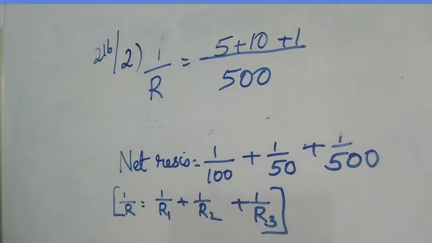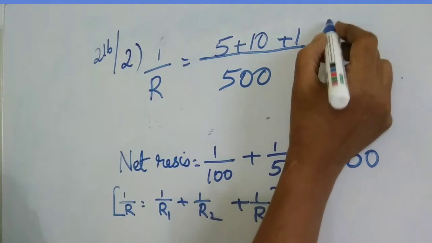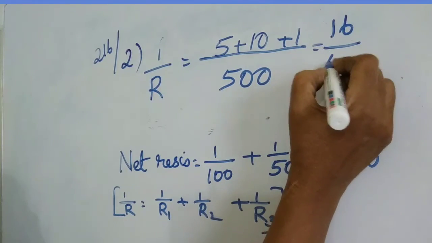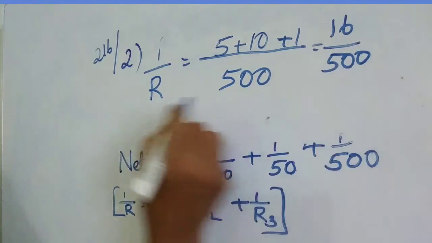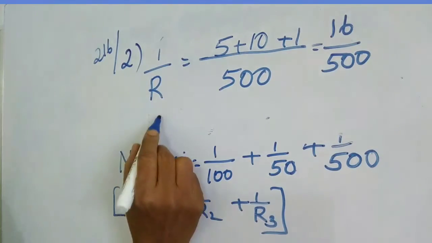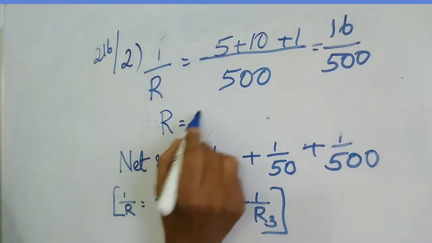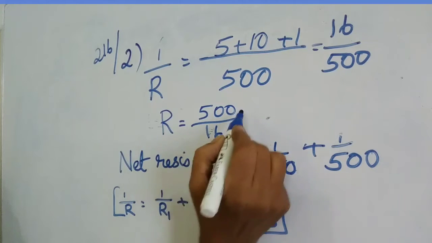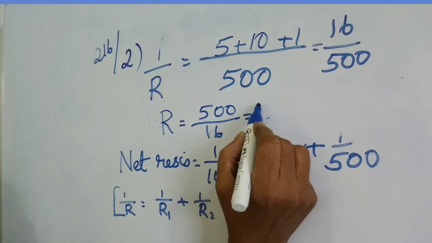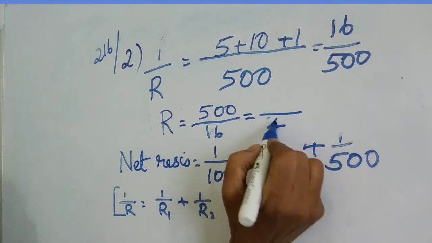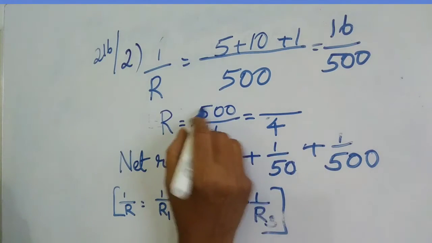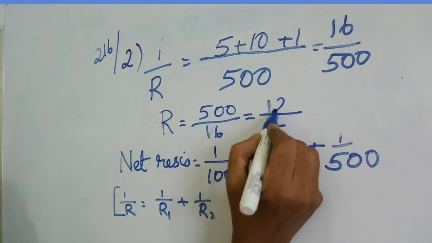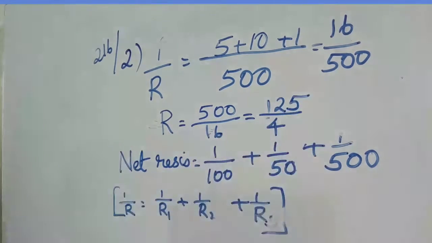This is equal to how much? 16 by 500, right? This is equal to 1 by R. So what will be R? 500 by 16, which can be divided by 4, 125 by 4.